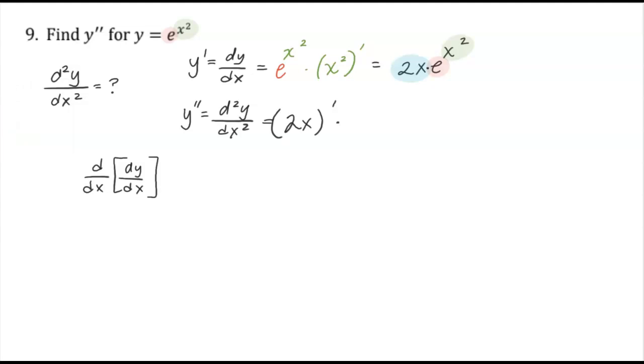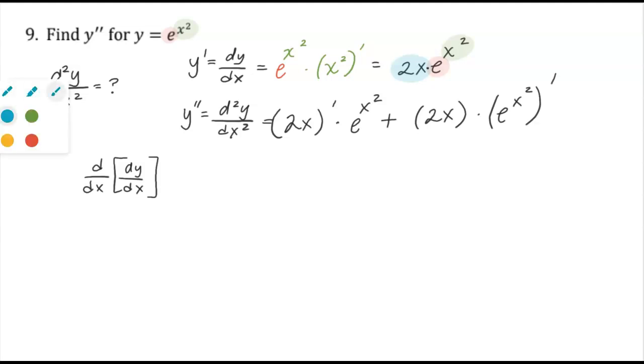Derivative of the first times the second plus this first, times the derivative of the second. All right, so let's go ahead. I'm going to highlight those so we can see the different pieces.